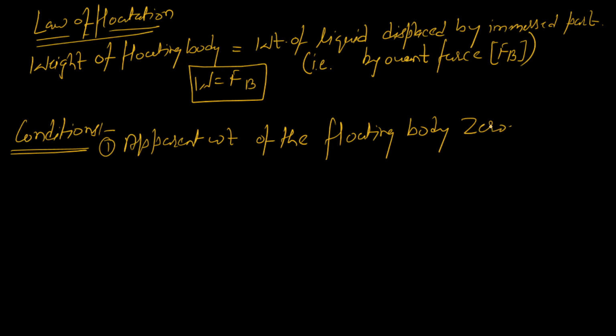That means what? Whenever the body floats on water, for example, at that time the apparent weight, that means in general, when you pick it up, definitely it has some weight. But at the time of flotation, that apparent weight, which is not real, is actually 0 in the nature of that situation.